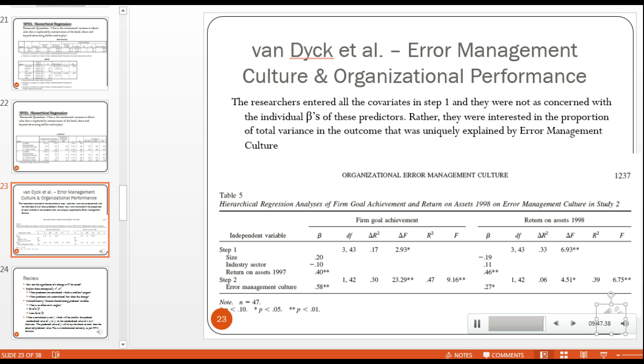So delta, that triangle, R squared just means the change in R squared. A delta F is the change in F, etc. So take the time to become familiar with these different symbols and different notations so that it doesn't seem as foreign or as scary. So that's the goal as we move through this.